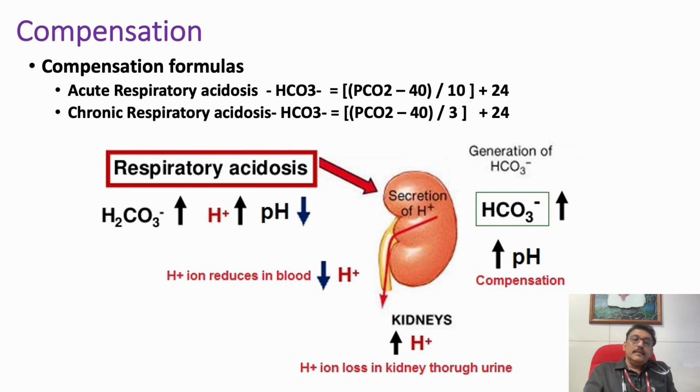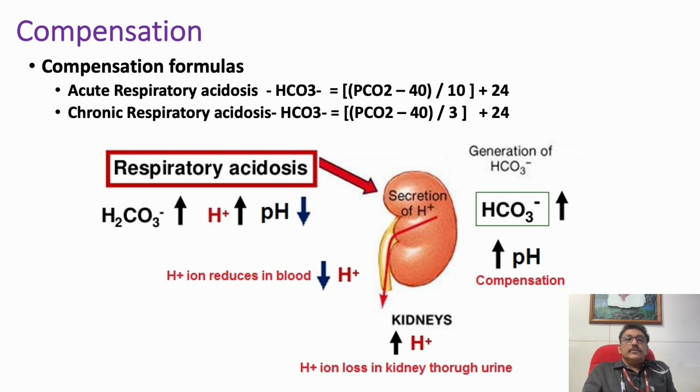So hydrogen ion is lost and bicarbonate is generated in the kidneys. Both hydrogen ion loss and bicarbonate retention produce compensation, and the pH will go towards the alkalotic end, but it will never cross to the opposite side. It will never produce an alkalosis. It will always be in the range of normal pH.